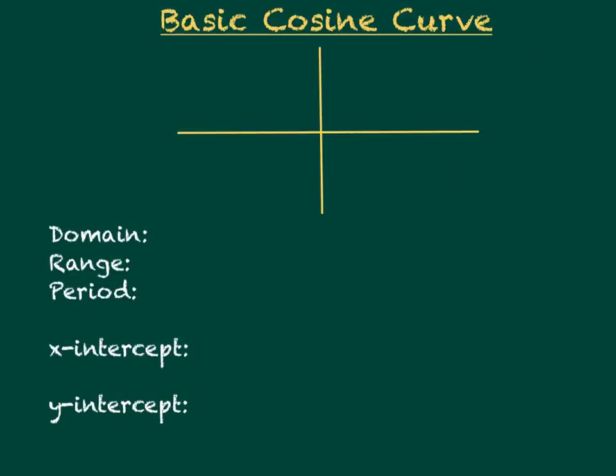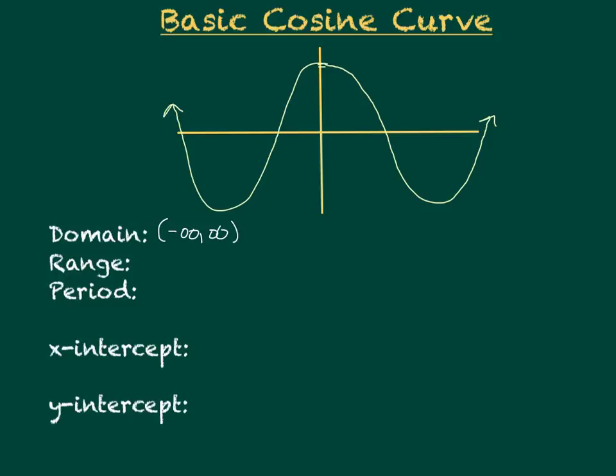The basic cosine curve is the same in many ways, except it's not going to start through the origin. It's going to start up here and then curve down and up and then down and up in the other direction. And then it's going to oscillate back and forth that way. In this one, it's still going to have a domain of -infinity to +infinity, because it still goes both directions forever.